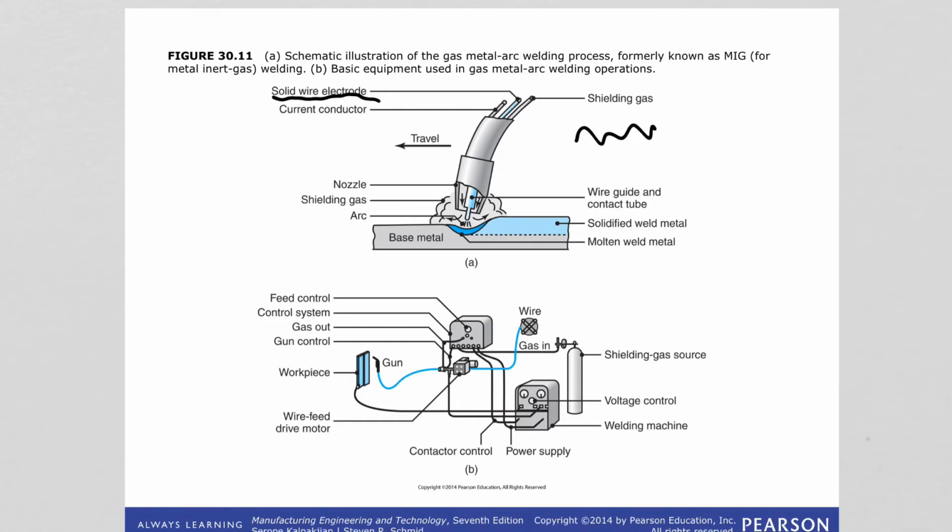Here you see the base metal, molten metal, and shielding gas around the weld, and this is the system that controls all the power and the gas that is coming into this gun, basically this part, right?